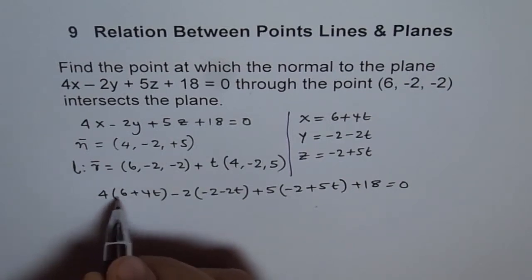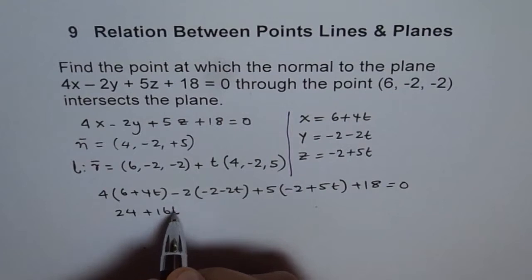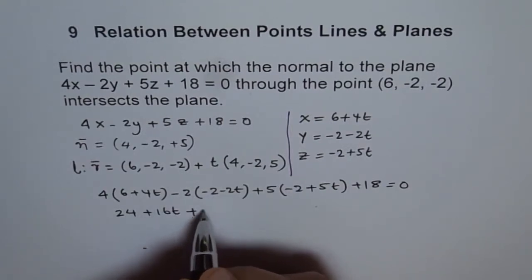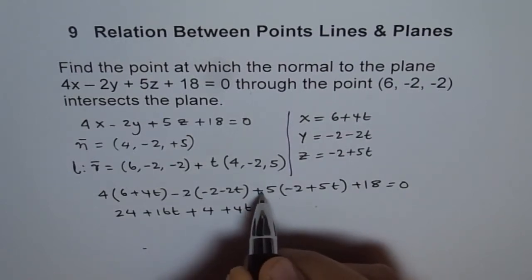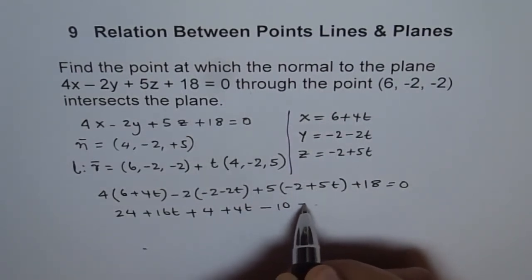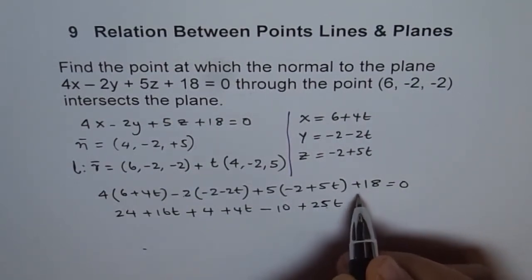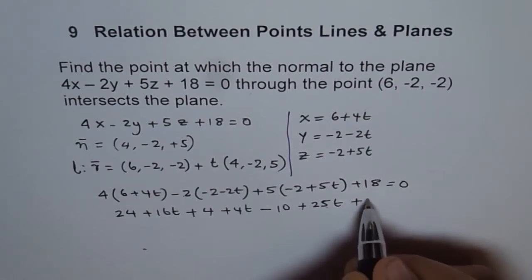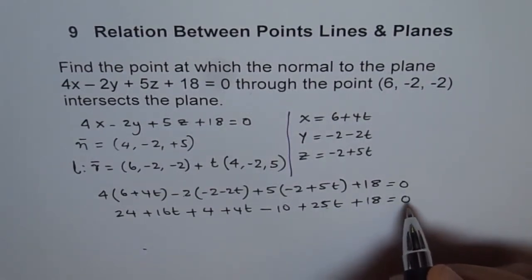Let's open this up. 4 times 6 is 24 plus 16t, minus and minus becomes plus 4, plus 4t, plus times minus is minus 10, plus times plus is plus 25t. We'll combine all the numbers and take them to the right side.